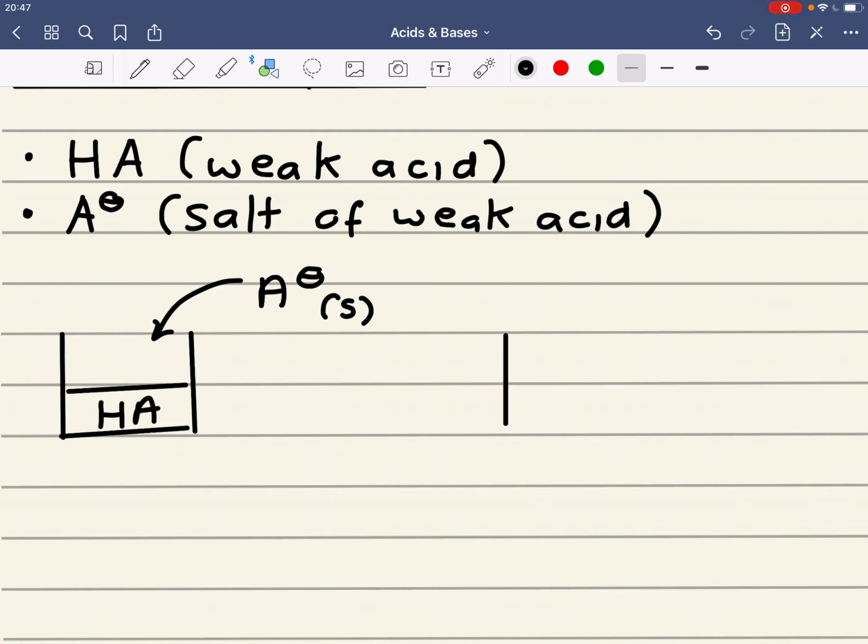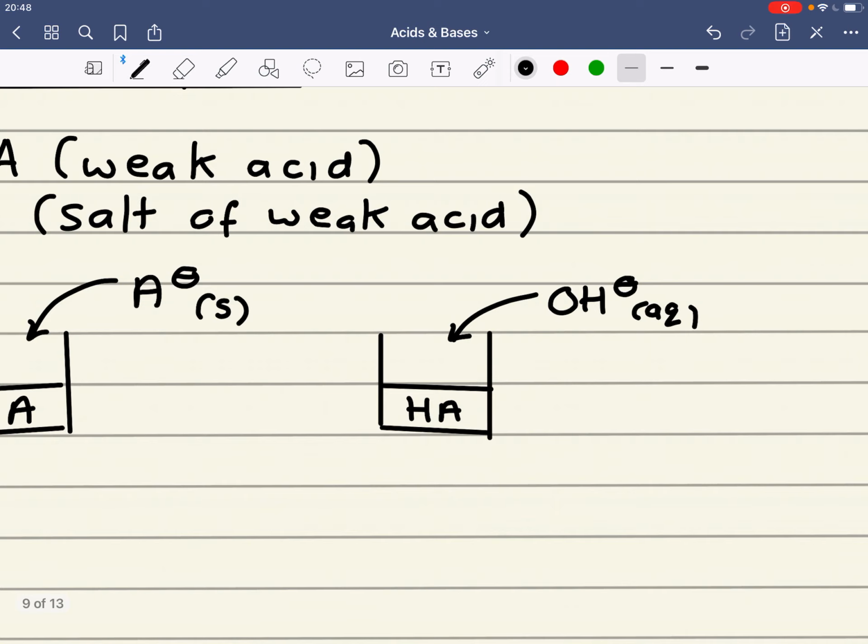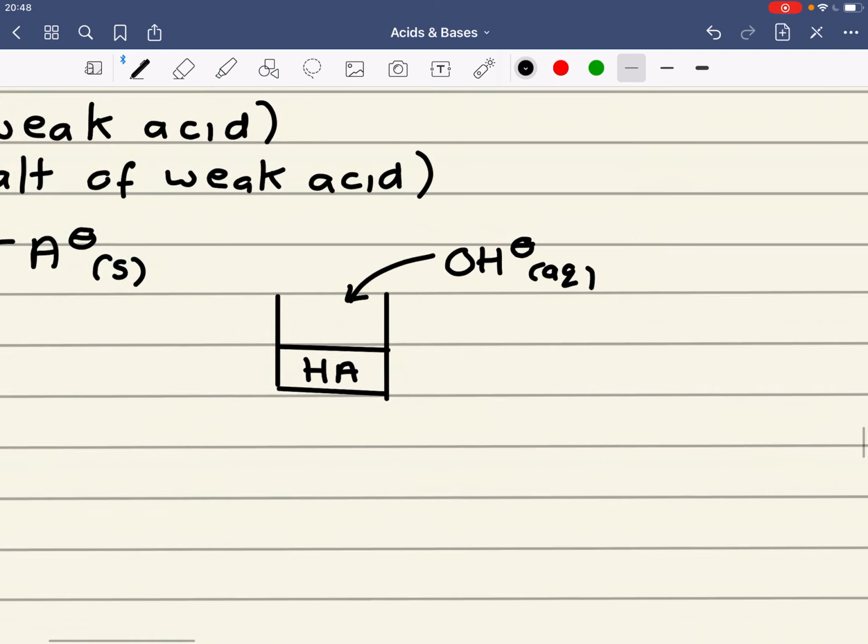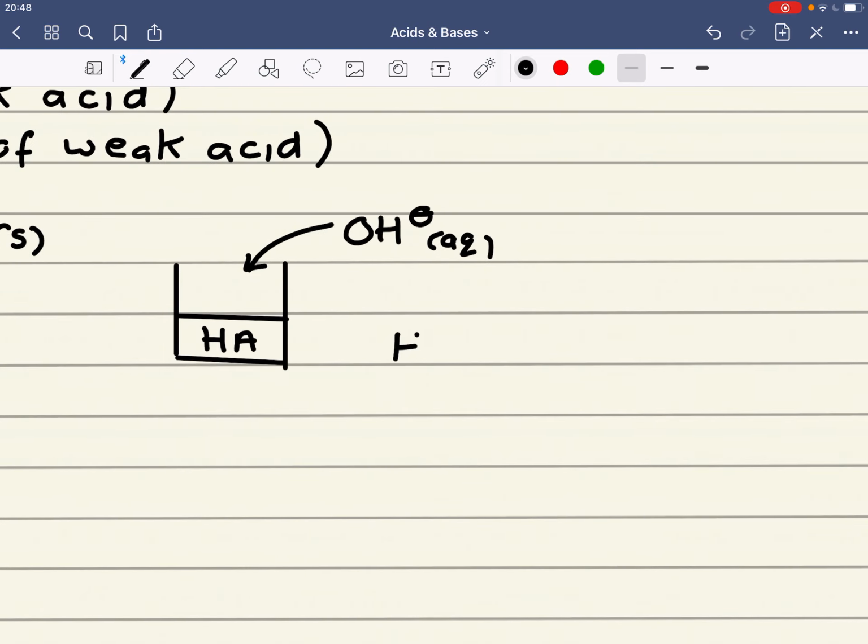The other way in which we can make an acidic buffer is by adding a solution of hydroxide ions. What happens there is by adding hydroxide ions, we'll form A- according to the following equation.